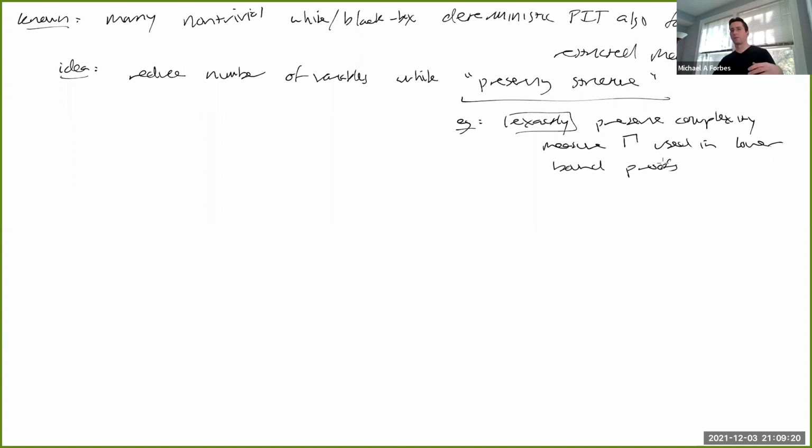So recall, like in Ramprasad's talks on lower bounds, the idea for lower bounds is to come up with some measure gamma, which is small on efficient computation and is large on something like the permanent. And so if we have such a measure, what we can try to do is reduce the number of variables while exactly preserving this measure.